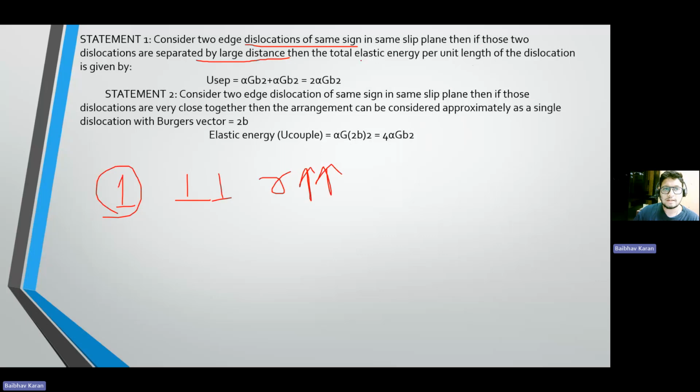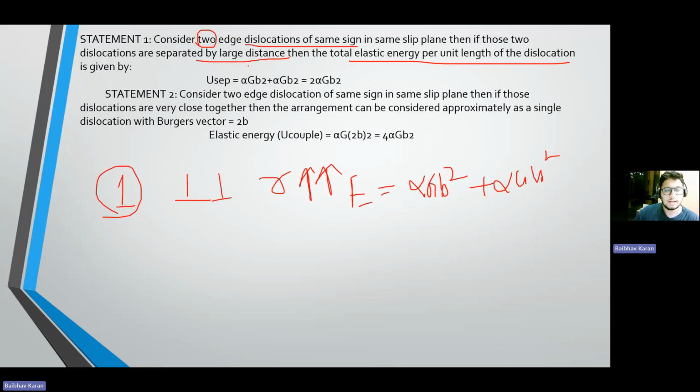Then the total elastic energy per unit length is given by, what is elastic energy per unit length? Elastic energy per unit length is given by alpha G b square. And if there are two edge dislocations, this is for one edge dislocation and there will be another for the other.